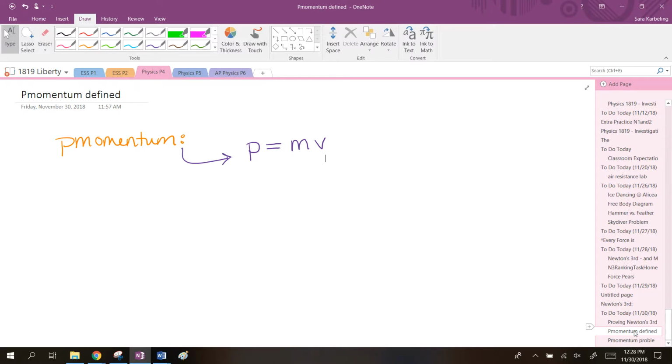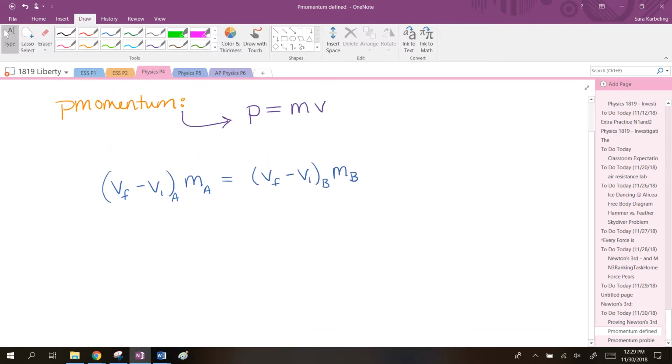So if we go like this, we're going to take our momentum concept. I'm going to say that the final velocity minus the initial velocity for an object times its mass, we'll call this one A, equals the final velocity minus the initial velocity for another mass, we'll call it B. Now you may notice that here I've got mass times velocity.